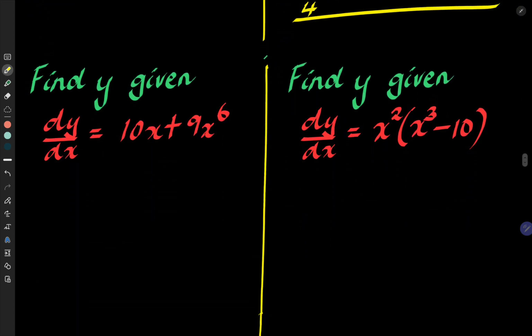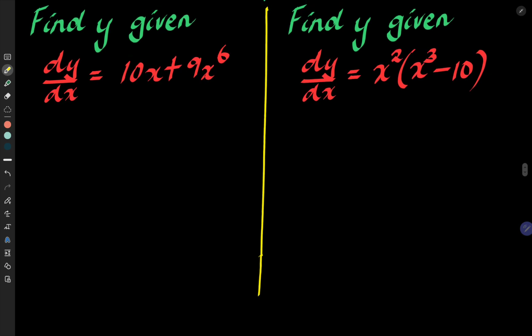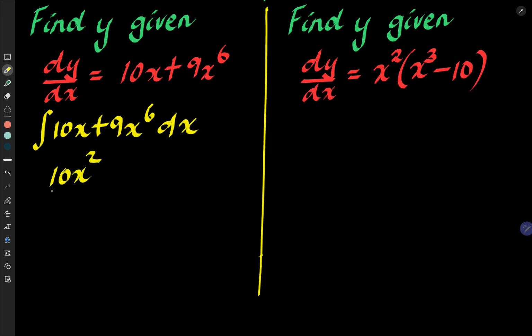Now, moving on to the last examples. So in this one, once again, we are given the first derivative. So it's exactly the same situation as the previous example. So we just integrate here the 10x plus 9x to the power 6 dx, and then we get 10x squared divided by 2 plus 9x to the power 7 divided by 7 plus a constant c.